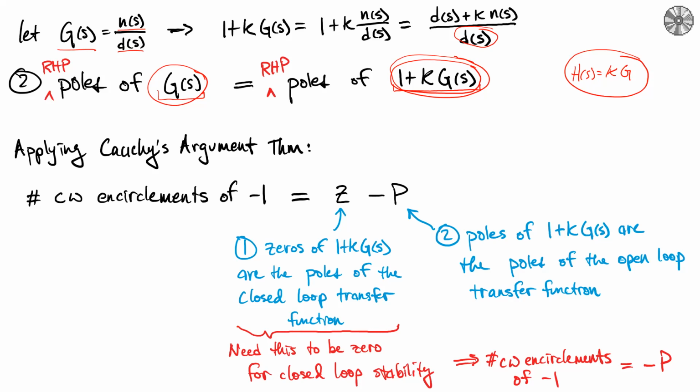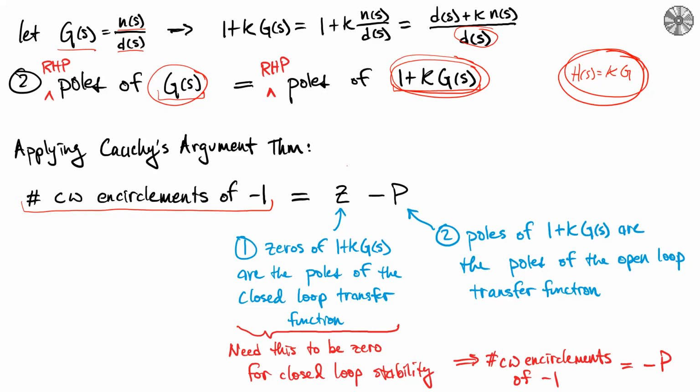And so using Cauchy's argument theorem, it says that the number of counterclockwise encirclements of, in this case, -1 and not 0, because we're looking at k times g as our transfer function, is going to be equal to the number of zeros of 1 plus kg minus the number of poles of 1 plus kg. So again, 1 plus kg is the thing that we're going to be evaluating.